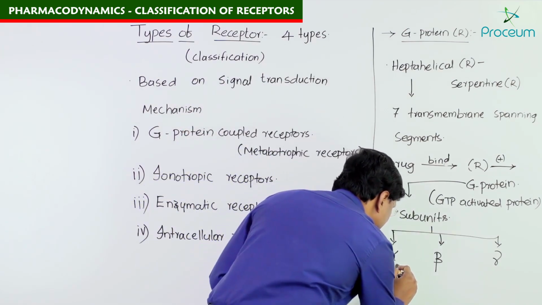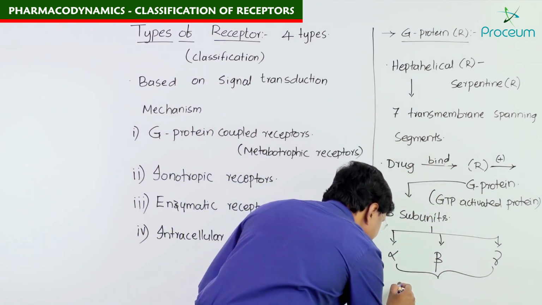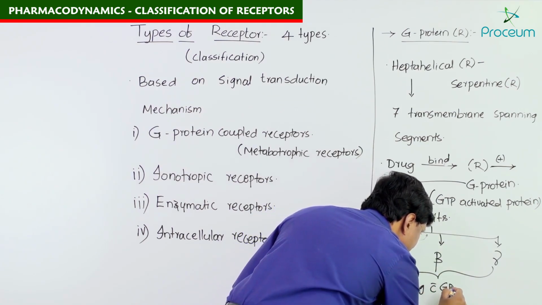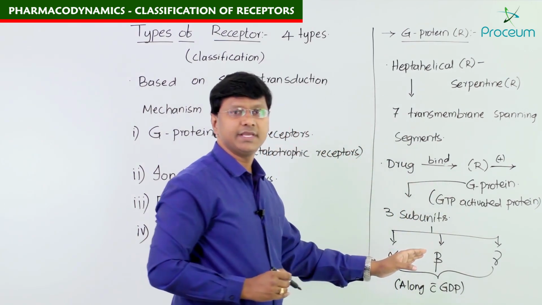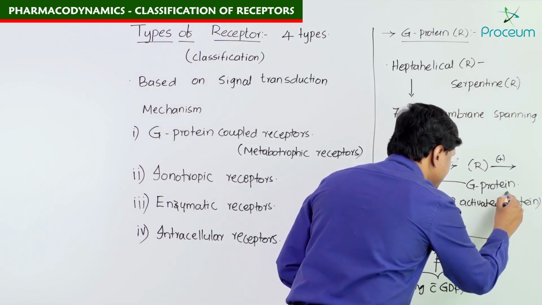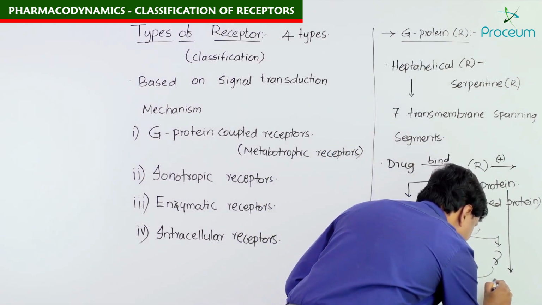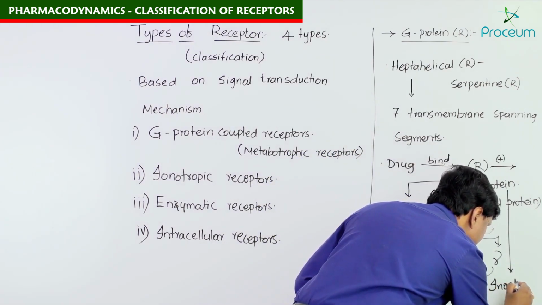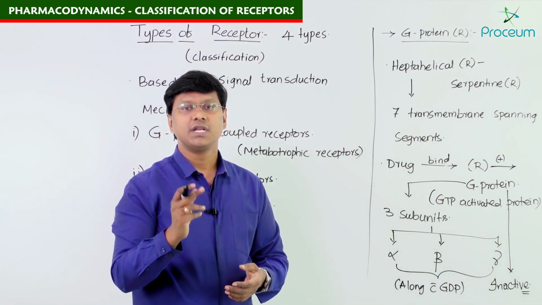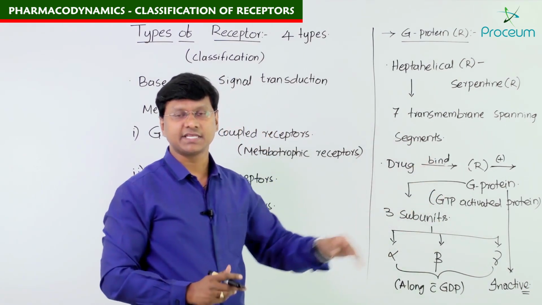So when all the 3 are joined together along with the GDP, that particular G protein is inactive. Now the question is, when does this particular G protein get activated?